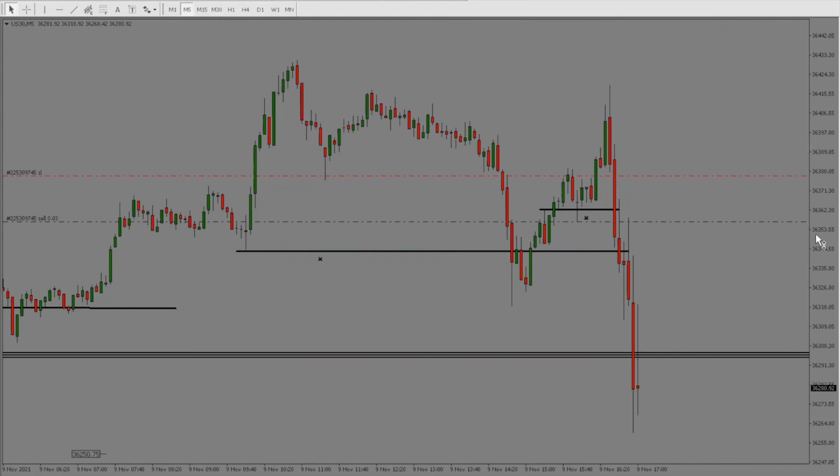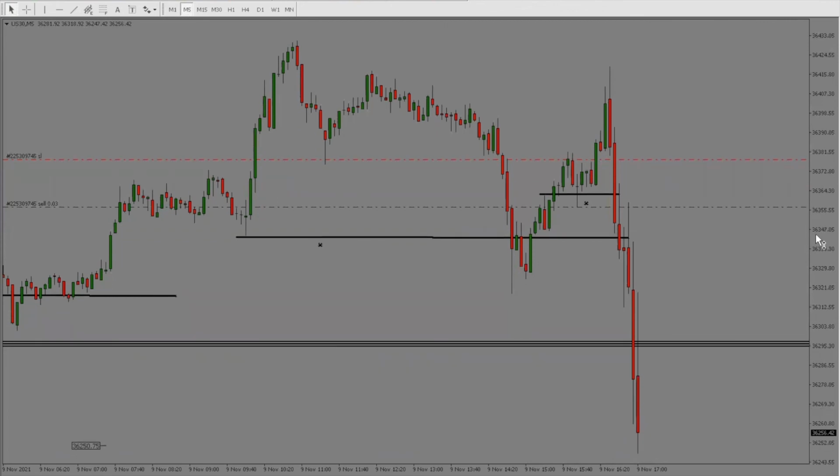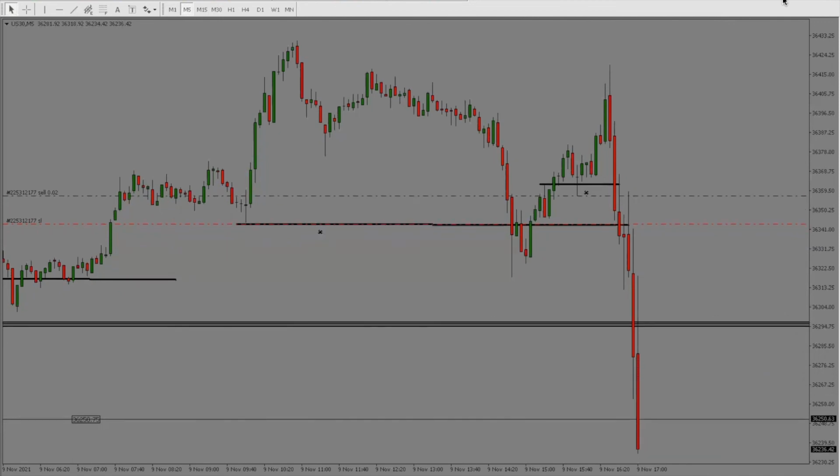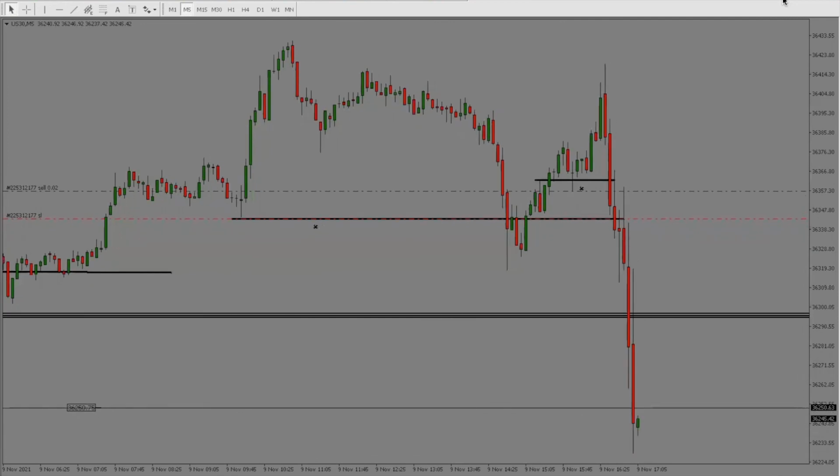So the trade kind of just runs around for a little bit, and at this point, we don't want to put our target too close. We don't want to put it too far. We really just want to see what we can get based on our market structure. And so if you just look to the left, you'll always be able to find that market structure. And here you can see it's pushing deeper into our targets.